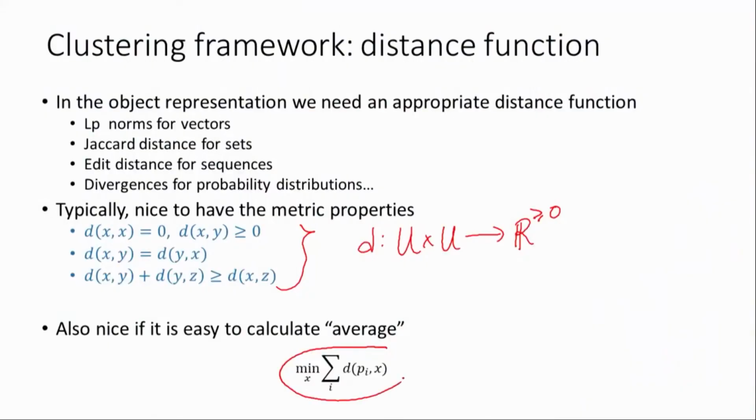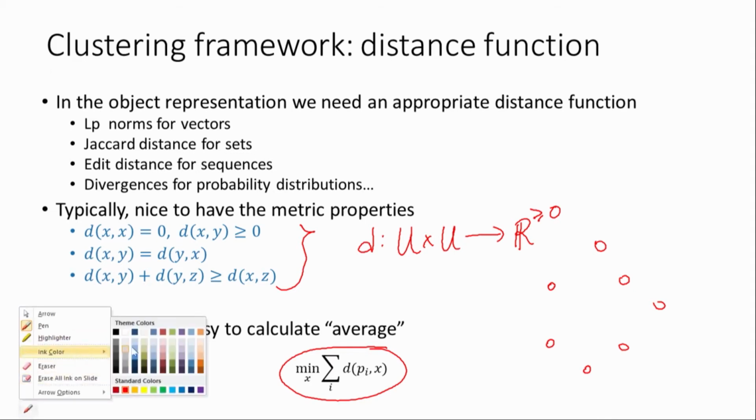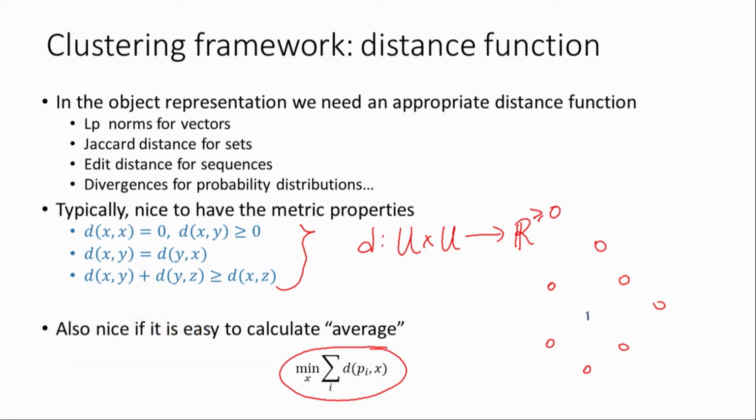Furthermore, and this is something you might not find in any general textbook, but I like to call it useful in clustering: if you're given a set of points, imagine these red things are the points, I should be able to find one point, some object, some representation, such that the sum of these distances is minimized.